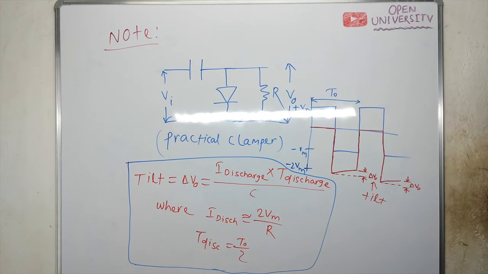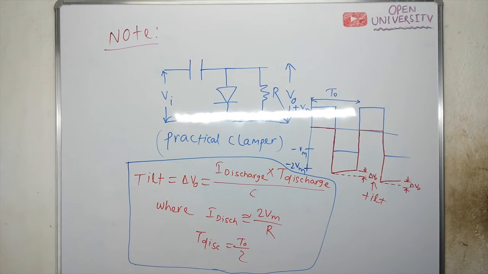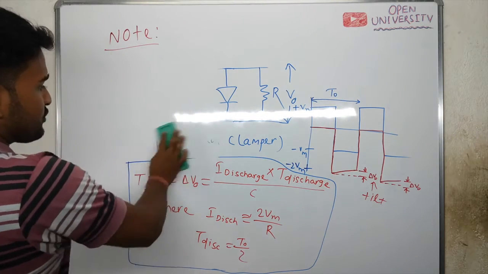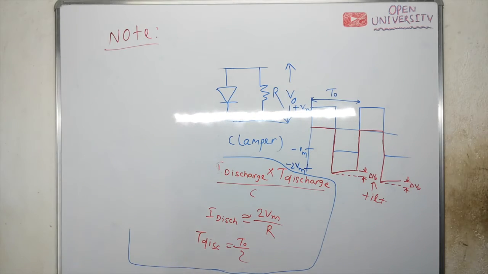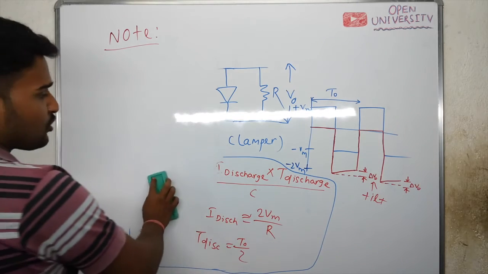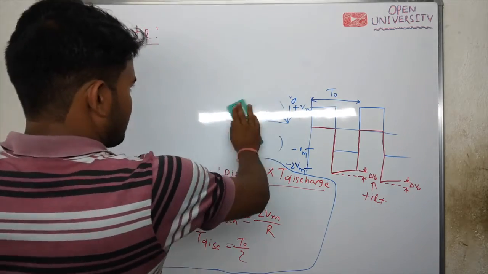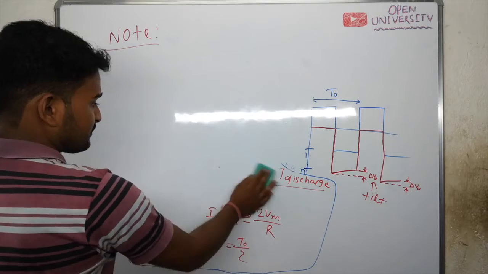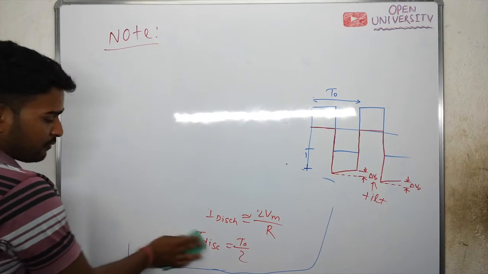So write down one question. In the circuit shown, the diode is ideal, and the input is a plus or minus 10 volt square wave signal of frequency 1 kilohertz.